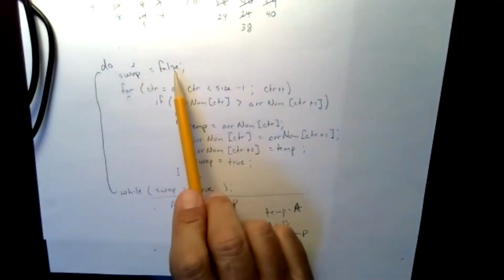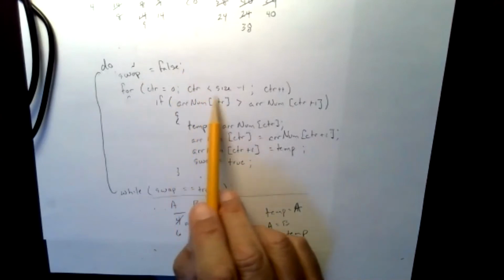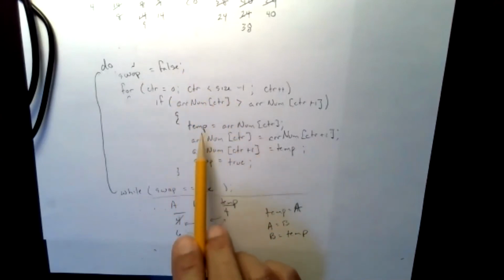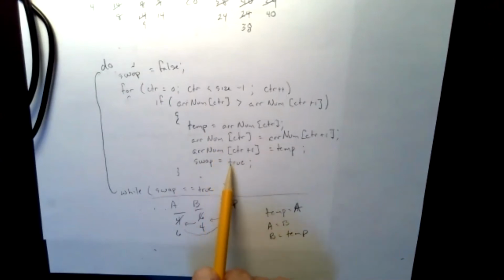So right now swap is false. I come in and I go through, and if I do make a swap, I turn this to true. While it's true, I go back up and do it again. Looks pretty good.